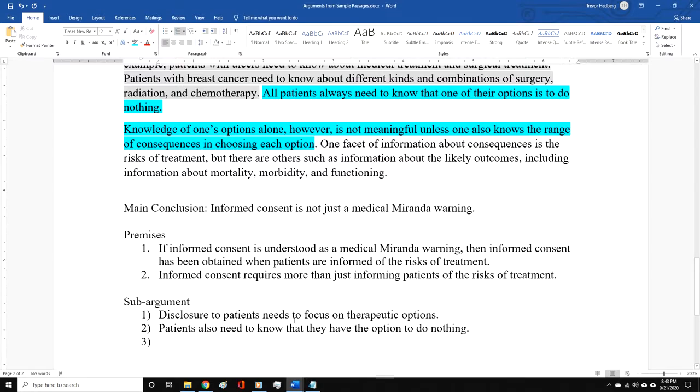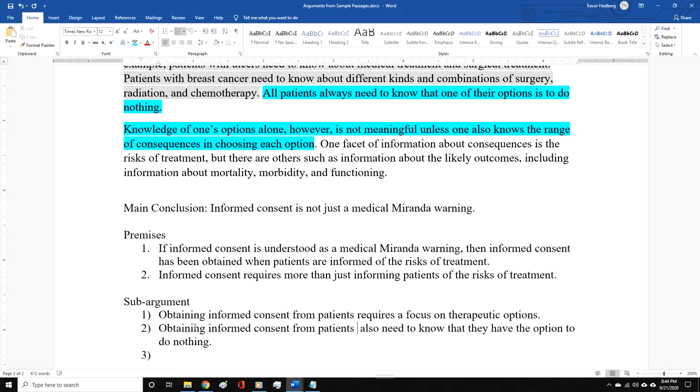So how do we do that across all of these? All right, and finally, we've got to get this idea, right? Knowledge of one's options is not meaningful unless one also knows the range of consequences in choosing each option. No, we don't need a transition order.